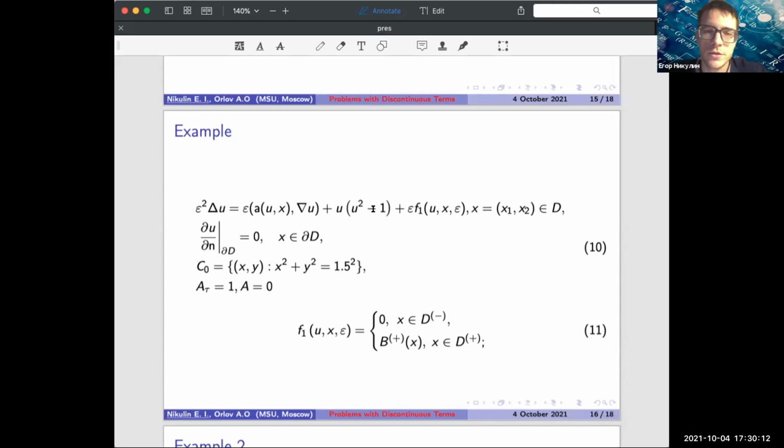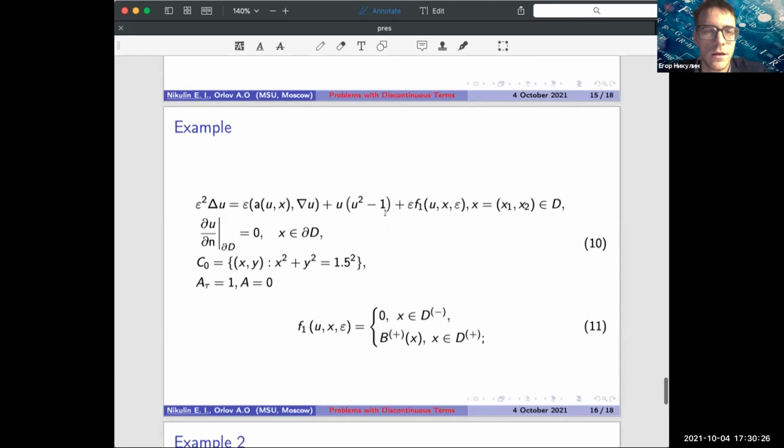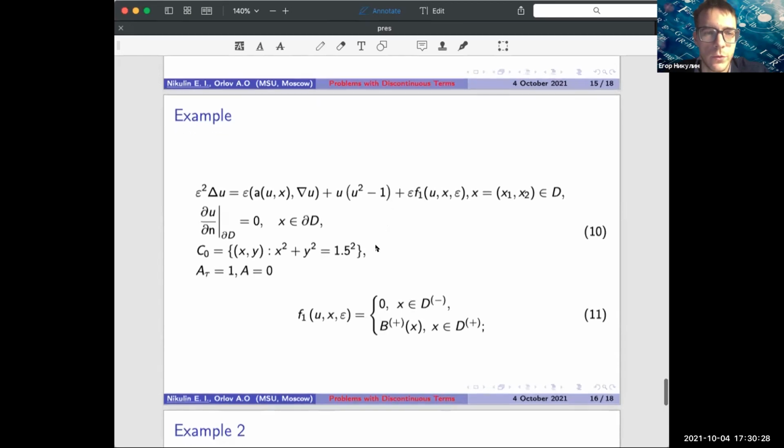We use the nonlinearity in the cubic polynomial form. This is the critical case. We use the curve C0 in this form. This is a circumference. Also, we choose the advection coefficient.